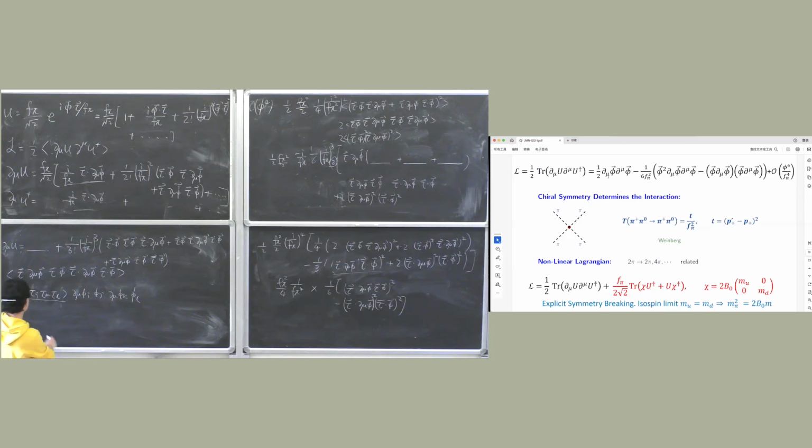This one dot phi dot phi times these two dot phi, minus this one dot this one and this one dot this one, plus this one dot this one and this one dot this one.